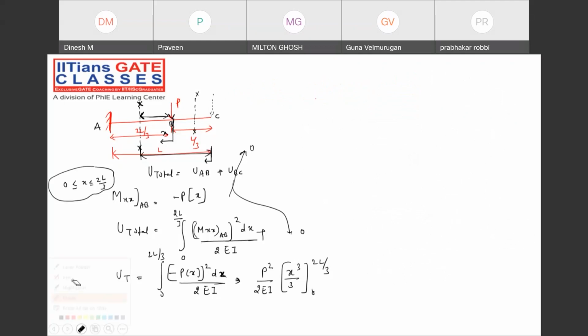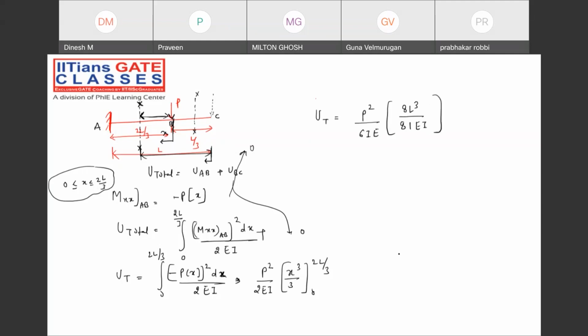Now, the total strain energy we can write as P square divided by 6EI times 8L cube divided by 81EI.